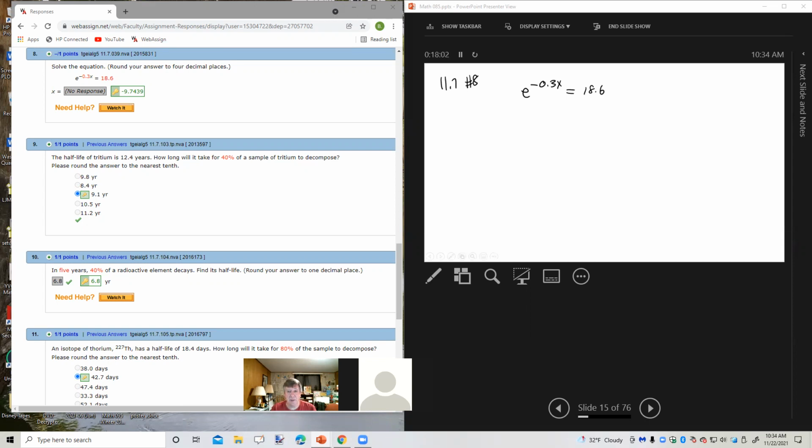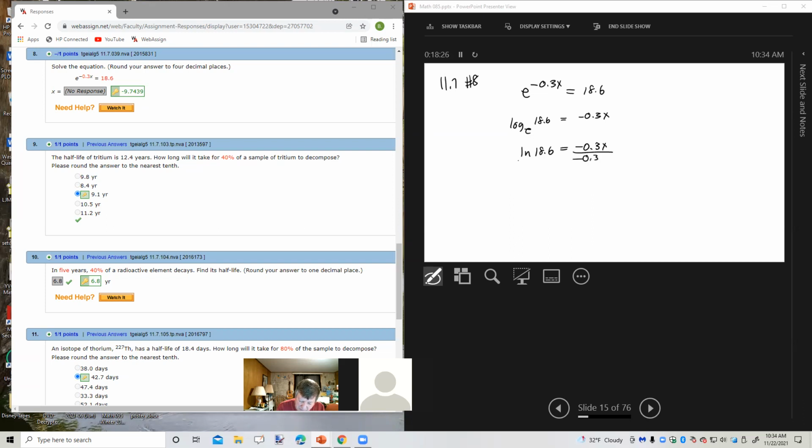Again, this exponential equation is ready to be converted to a logarithmic equation. So we get log base e of 18.6 equals negative 0.3x. But log base e is just natural log. So natural log of 18.6 equals negative 0.3x.